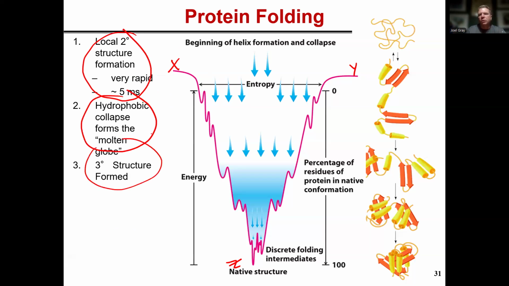And then my tertiary structure is going to be formed after all of that is said and done. So that's one option. An alternative is that your hydrophobic residues are going to be clustered together, and then secondary structures are going to come together or be formed, and then you're going to arrive at your tertiary structure. This is basically showing the amino acids that are going into the proper position and the routes that they're going to take.